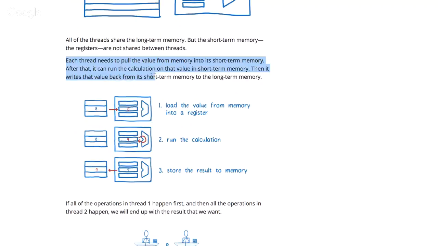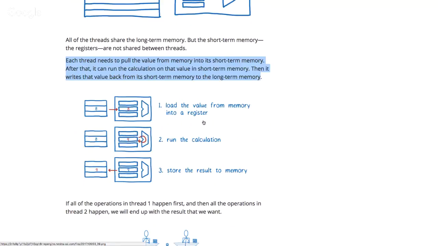So this is pretty important. Each thread, let's say there is a variable, pulls the value from the long-term memory, typically RAM, and puts it in the short-term memory, and then runs some calculations, and then it stores the result back in the long-term memory.